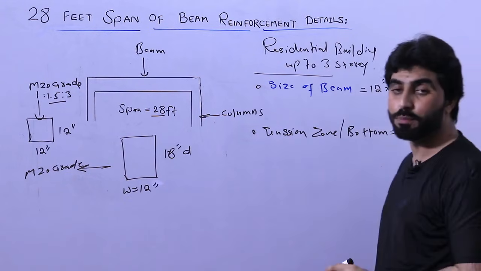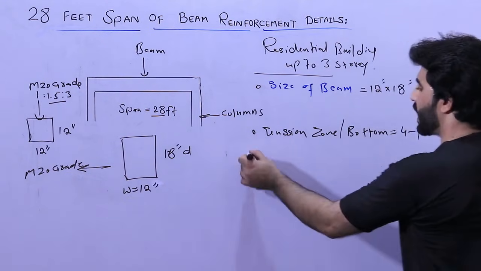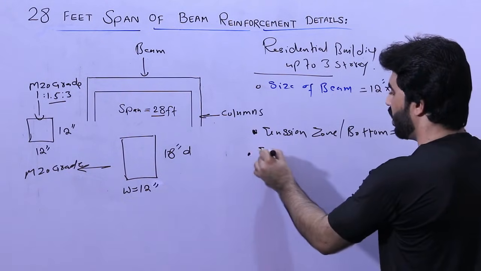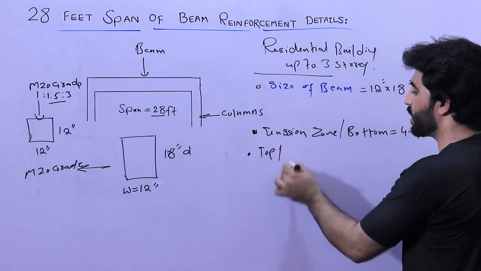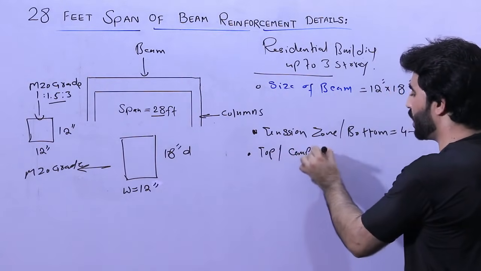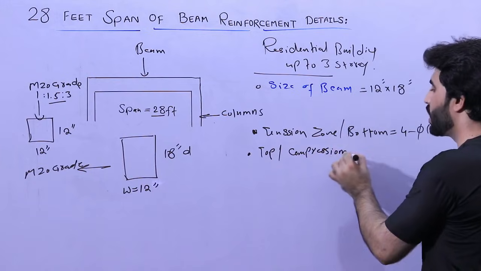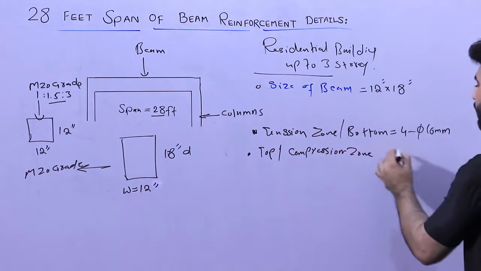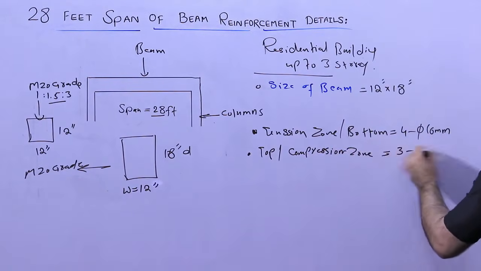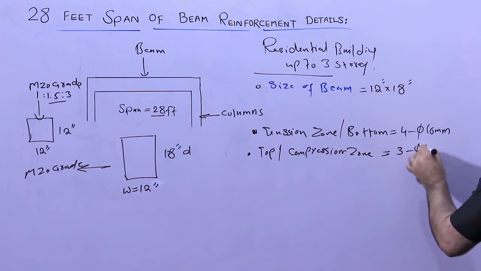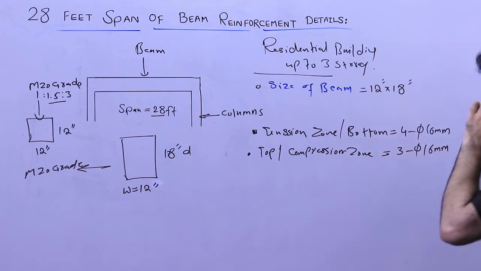This is very important for you people to know about this. Next guys, remember top portion, or you can say compression zone. So at compression zone, we provided 3 bars and the dia was 16 millimeter.